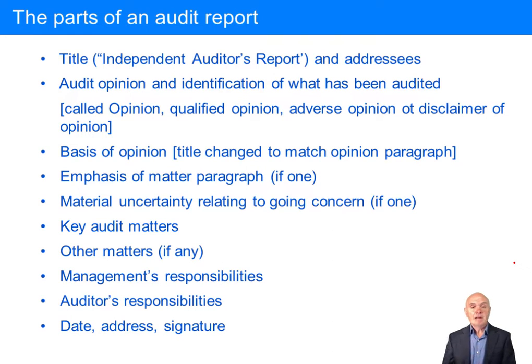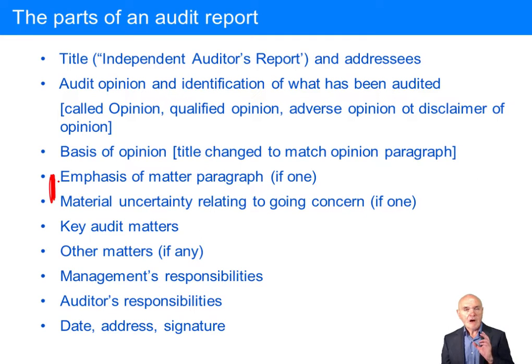If there is a material uncertainty regarding going concern, then this is where this will be looked at. So going concern is a kind of assumption that the business will continue in the foreseeable future. If there is an uncertainty regarding this, it should be disclosed in the notes to the financial statements. And think of this material uncertainty relating to going concern as a kind of specialist emphasis of matter.